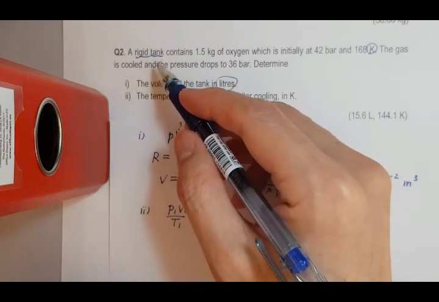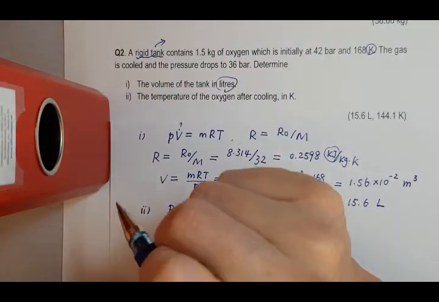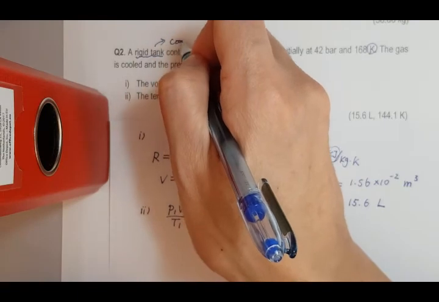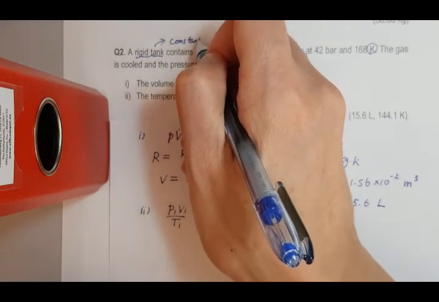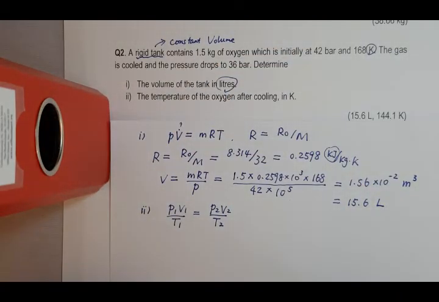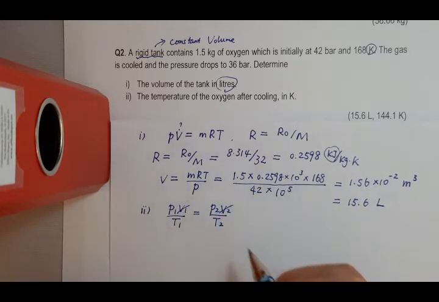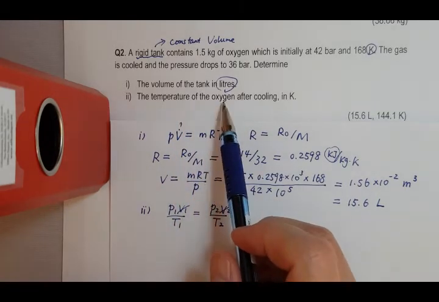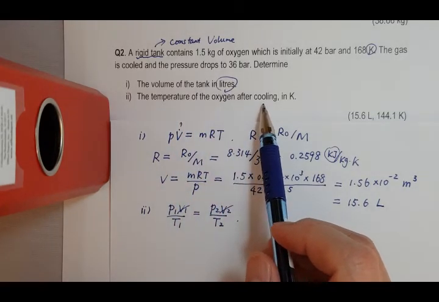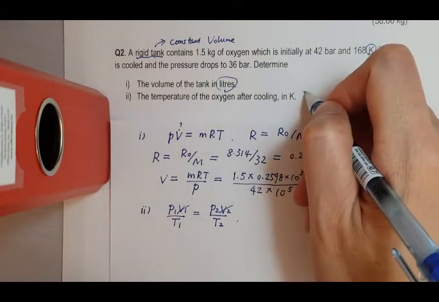Once you see rigid tank, it means this process must be a constant volume process, which means V1 and V2 are the same, so you just cross these two out. What we need to calculate is the temperature of the oxygen after cooling, the end state of the process, which is T2.